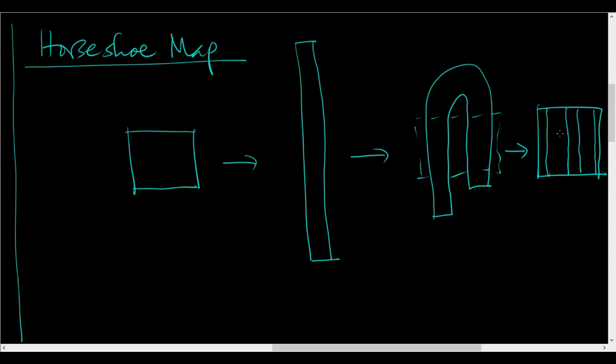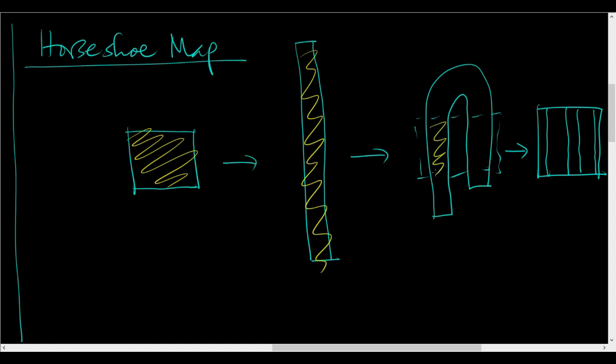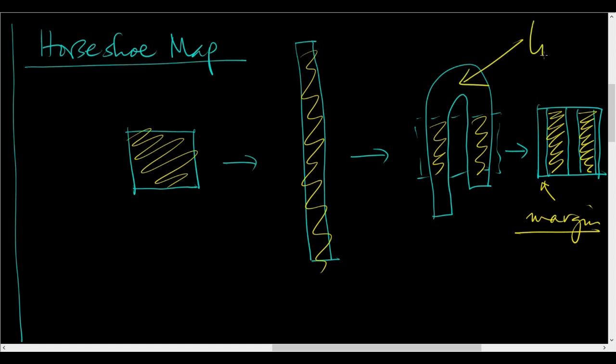So here is the square. It became long. You kept only these parts, you discarded the rest, and this is what remained. Now, of course, there is a little margin over here which we will remove for simpler thinking. These points are lost.